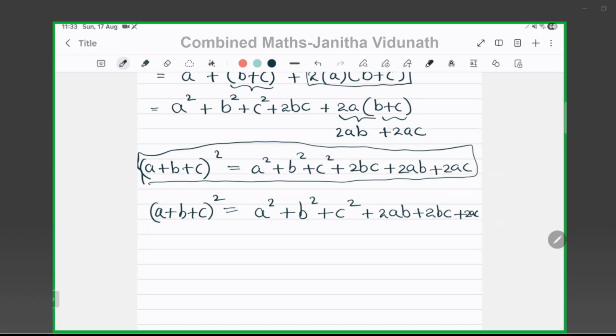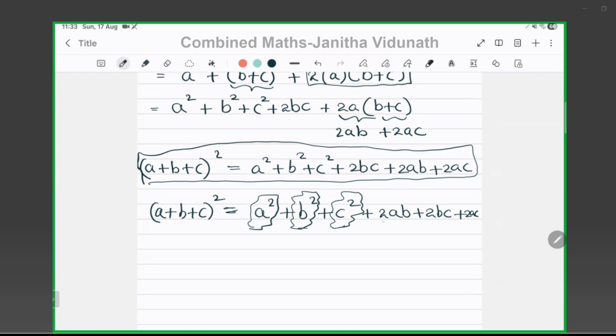Here we can memorize this as: simply we have square of the first term, square of the second term, and square of the third term.